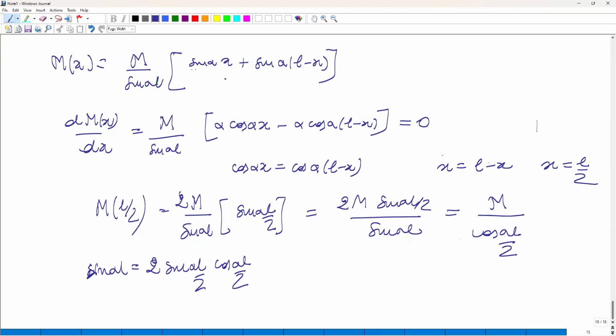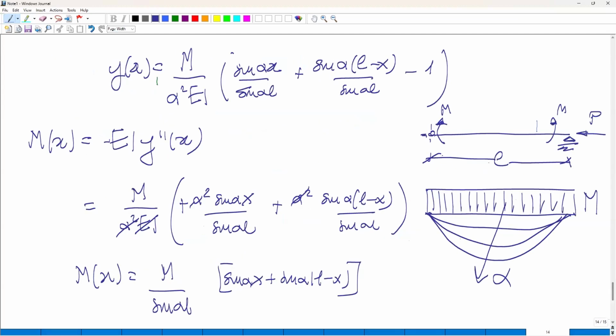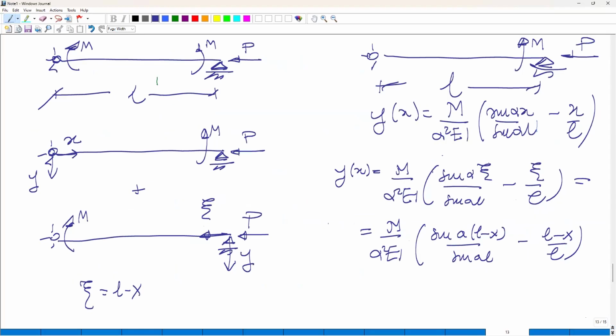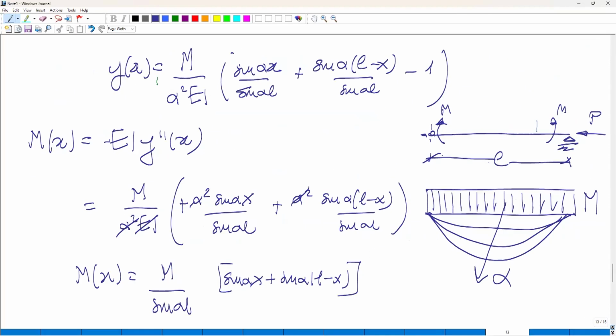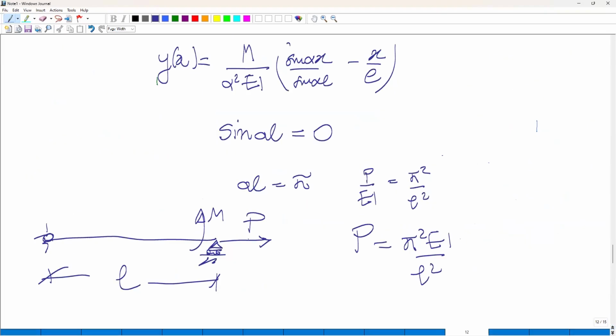The exercise that I have assigned to you, complete it also with the other case in which you also put this.